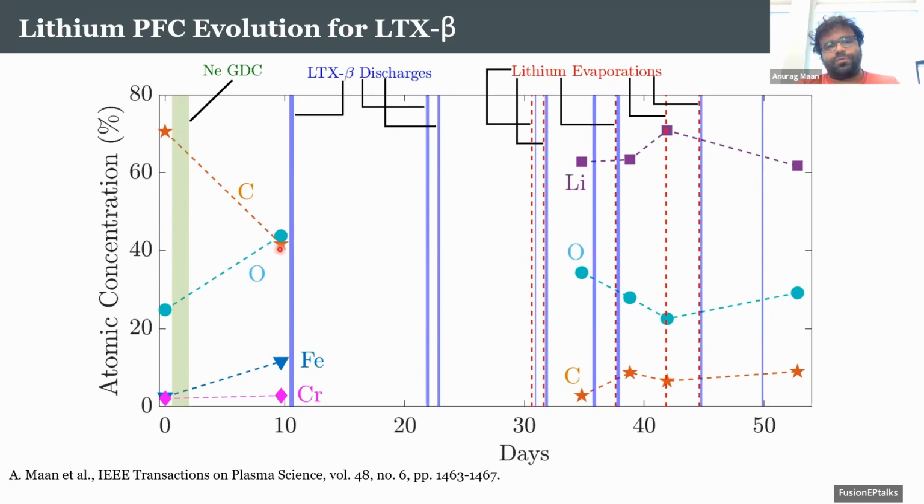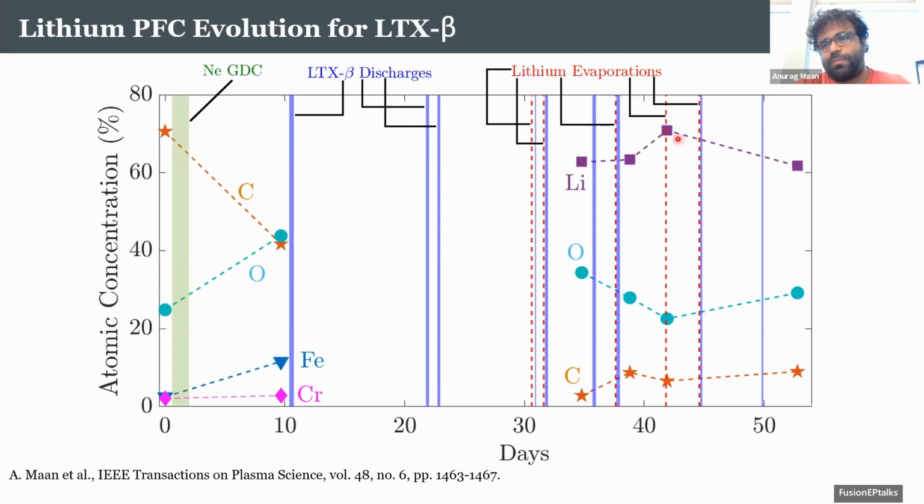The sample exposure probe in the machine was then exposed to a bunch of lithium discharges on bare stainless steel, followed by lithium evaporations. Now, as you see, beyond lithium evaporations, the iron and chromium peaks completely disappear. All you see on the surface is lithium oxide and carbon. And depending on how close to the lithium evaporations you take a scan, you get different surface concentrations of lithium, oxygen, and carbon.